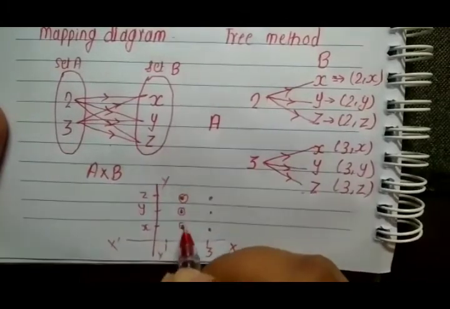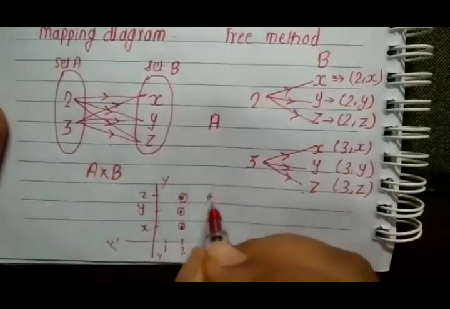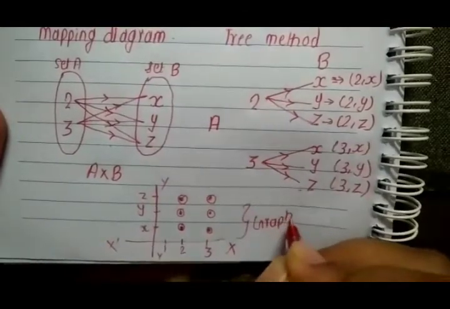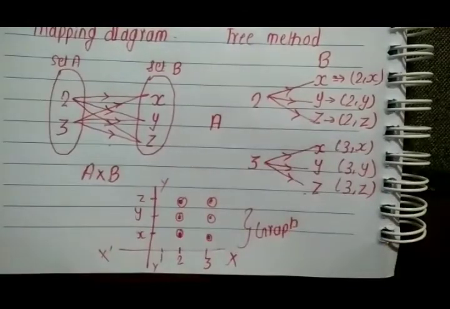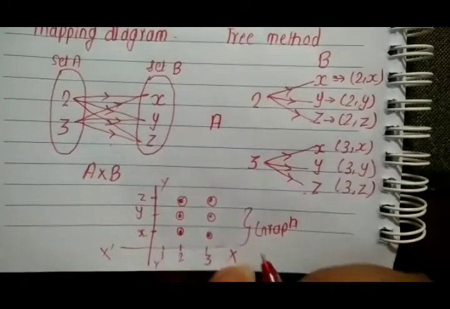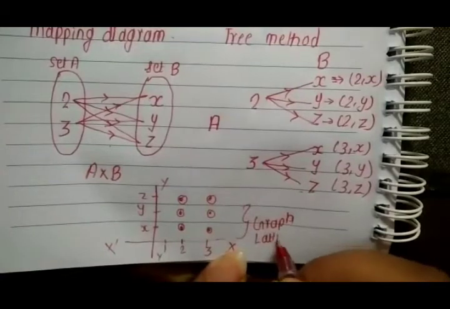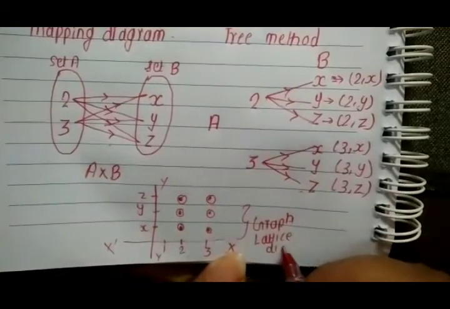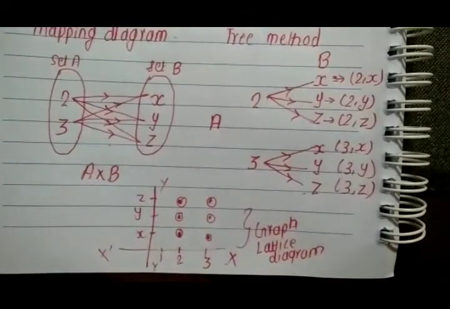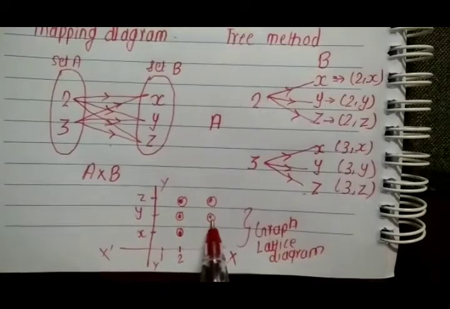So these all are points, and we can represent this in a graph. This representation is called a lattice diagram or lattice graph, and these points are called lattice points.